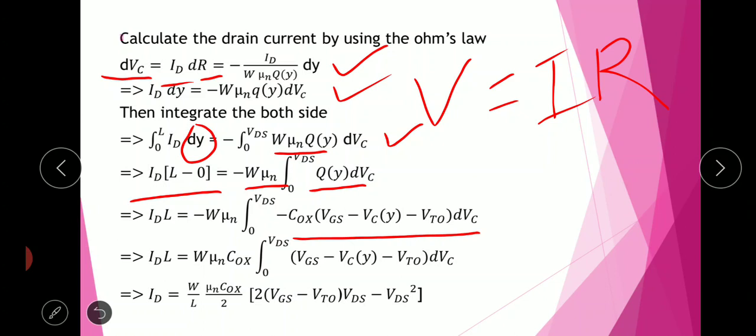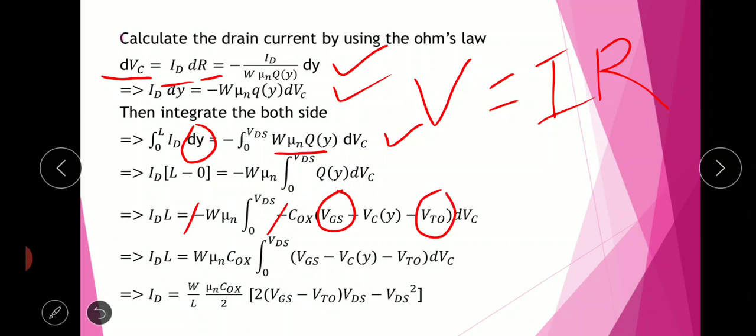After that we take out the C ox, as this one is constant, and this minus cancelled out, this minus cancelled out, and in this equation the VGS and VT0 are also constant, the only variable is VC of y. So after integration we get the equation in linear region.